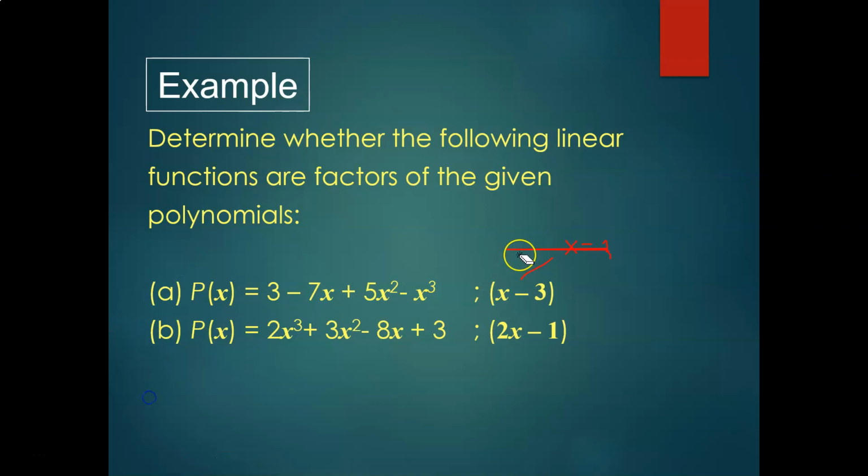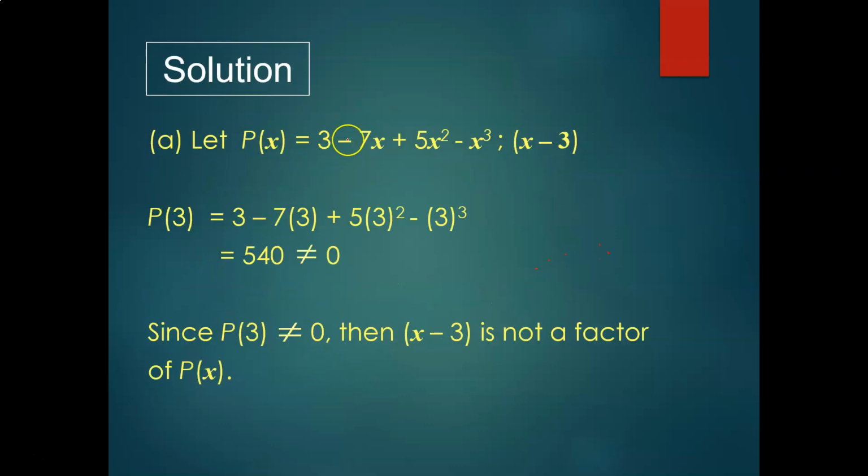Okay, let me erase again. It becomes x equal to 3. So this 3, you're going to substitute into this x over here. Okay? So you have like this, you have rearranged it, you obtain x equal to 3.